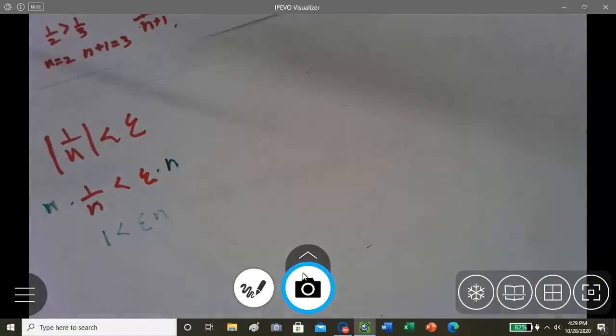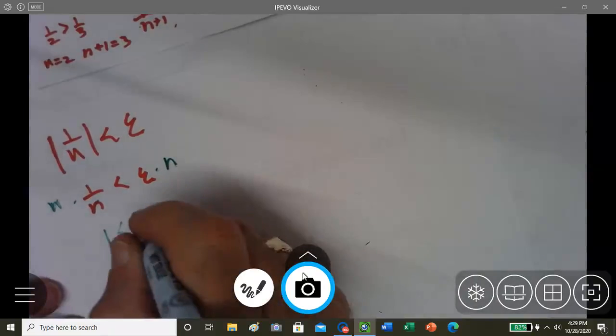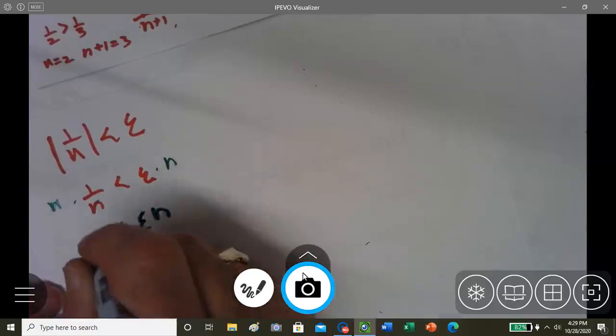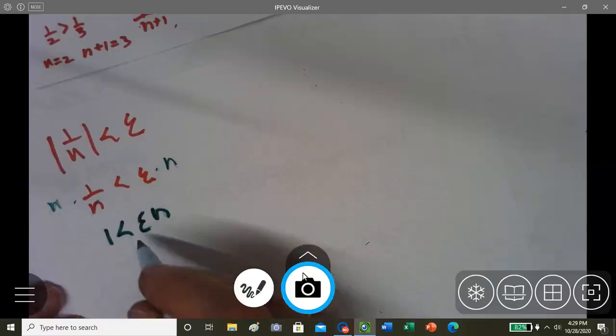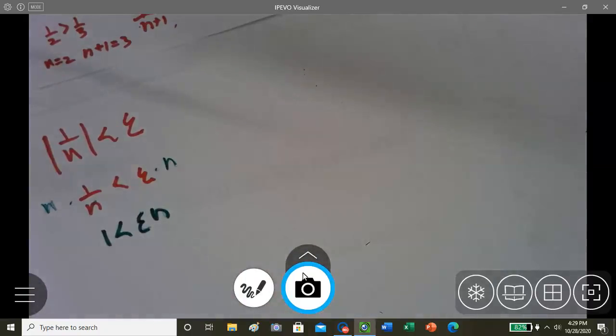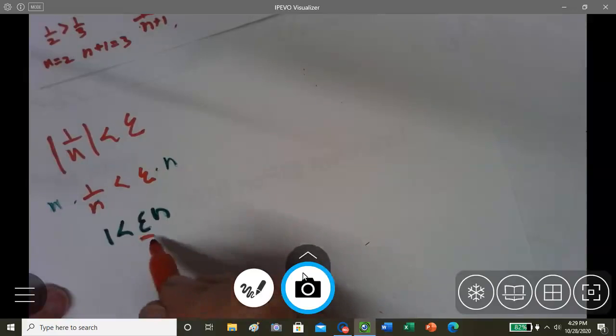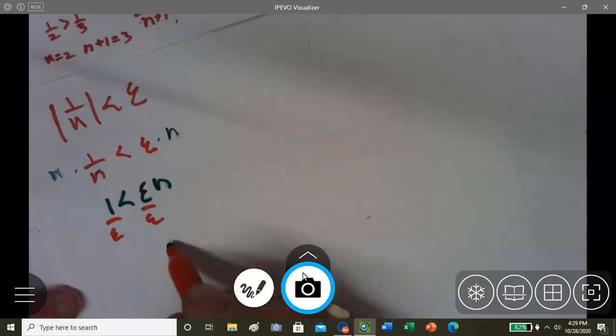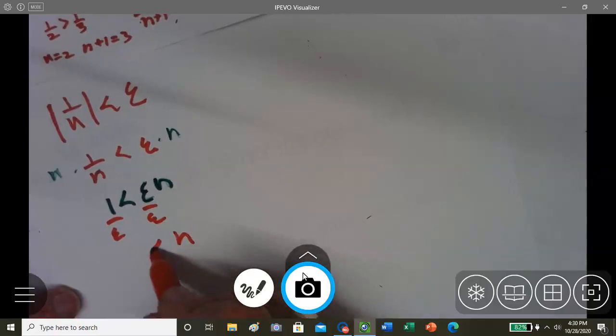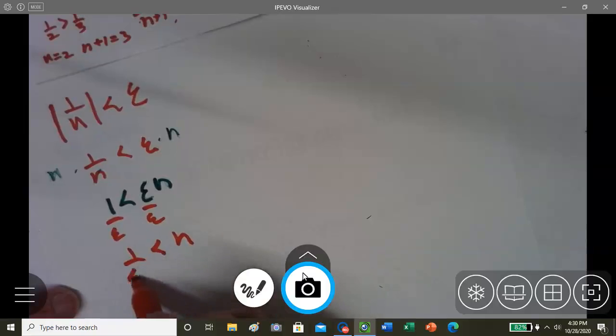And that's kind of hard to see, so use a larger, there we go. So now we divide both sides by epsilon, and we get n is larger than 1 over epsilon.